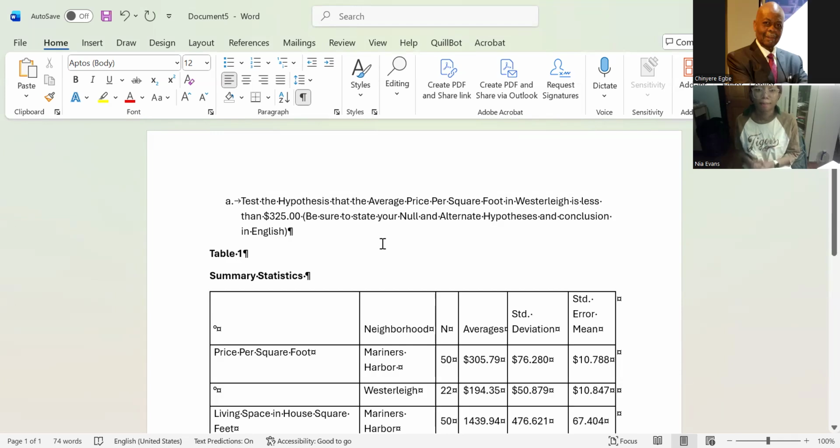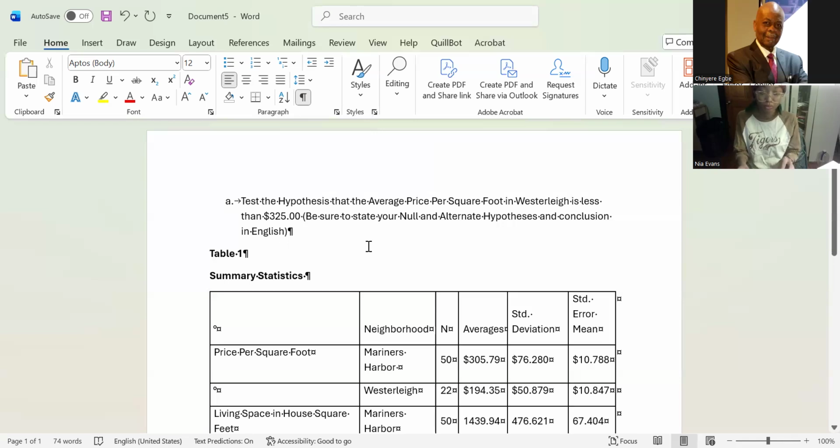Now, in a two-sided hypothesis, what you are testing is that the average is equal to or not equal to. For example, here, I'm going to test the hypothesis that the average price per square foot is equal to 325.